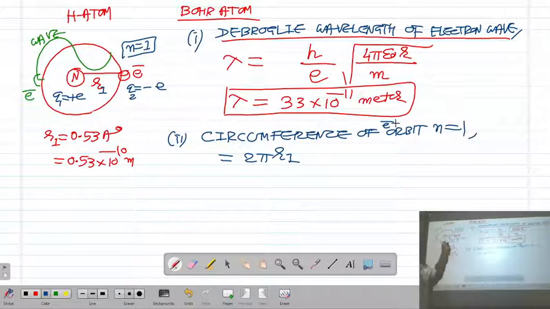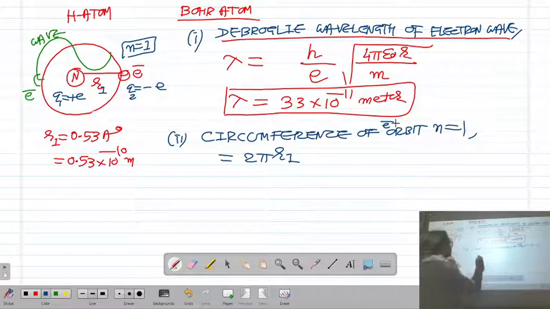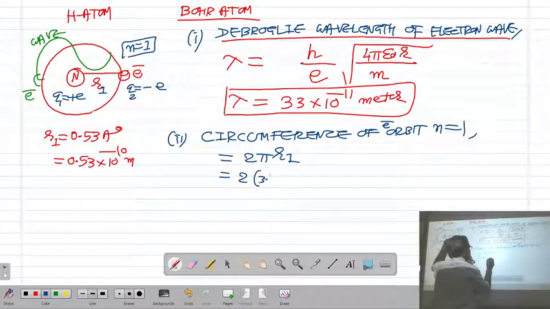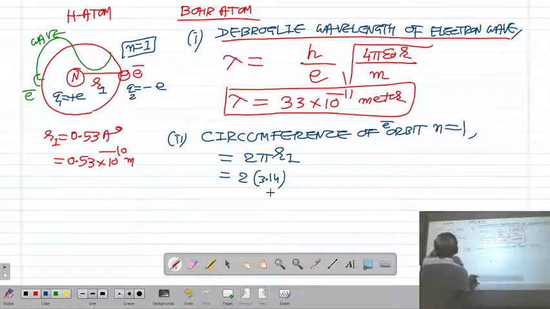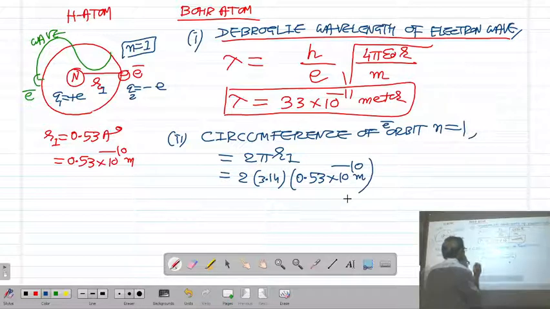What is the circumference of electron orbit n is equal to 1? It is 2 pi r1. 2 pi is 3.14. The radius of the ground state orbit n is equal to 1 is 0.53 angstrom, so 0.53 × 10^-10 meter.